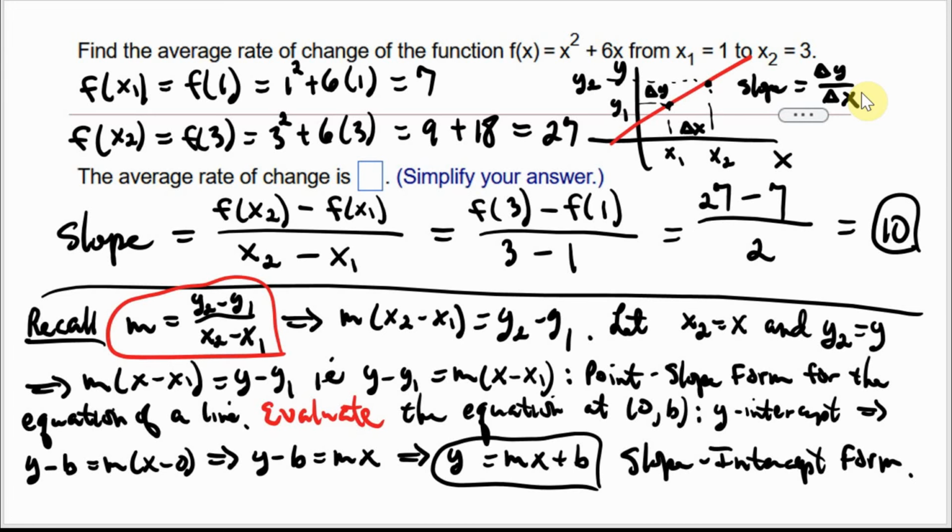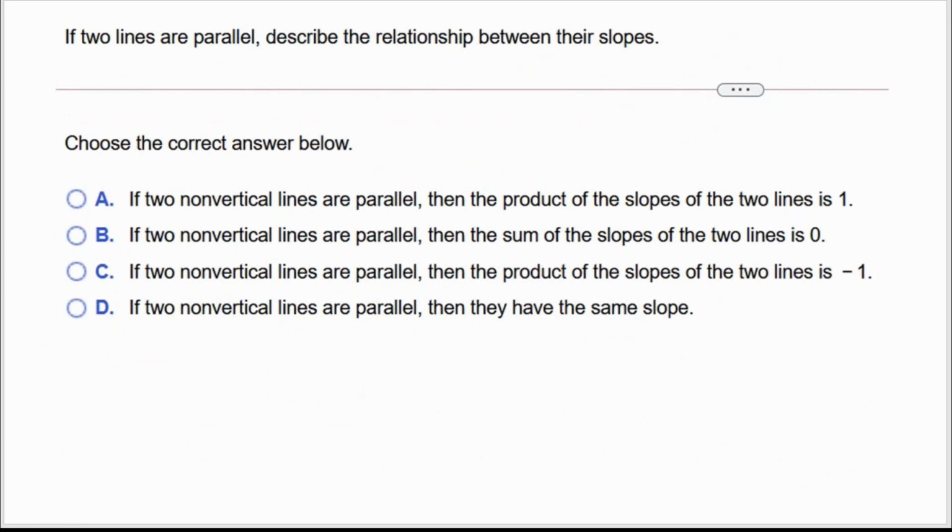So let's look further. I have some questions for you. All right, help me answer this. If two lines are parallel, describe the relationship between their slopes. Choose the correct answer below. Is it A, if two non-vertical lines are parallel, then the product of the slopes of the two lines is 1. Is that true?